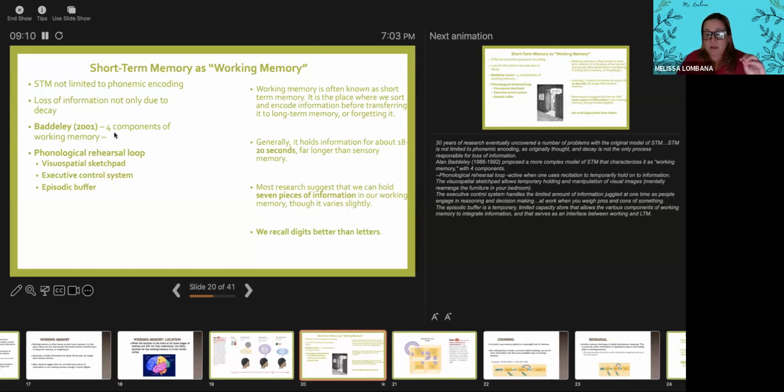He stated that working memory has 4 components, and you're going to want to write this down. It has a phonological rehearsal loop. It has a visual spatial, it's supposed to be visual spatial. Don't worry about sketchpad. The next one is going to be an executive control system. And then this other one, an episodic buffer, okay?